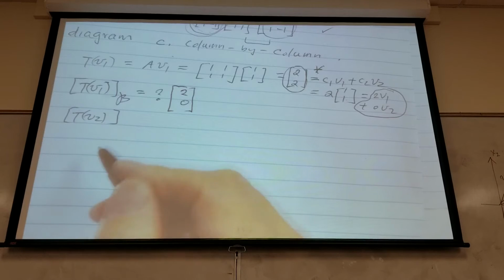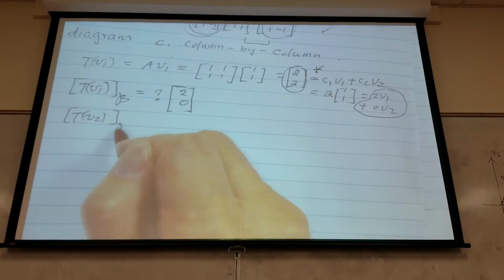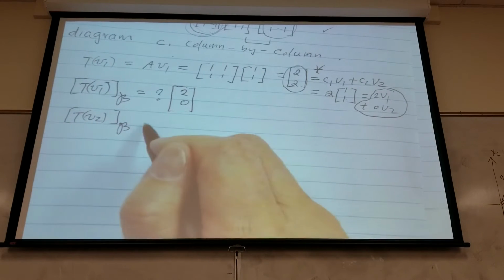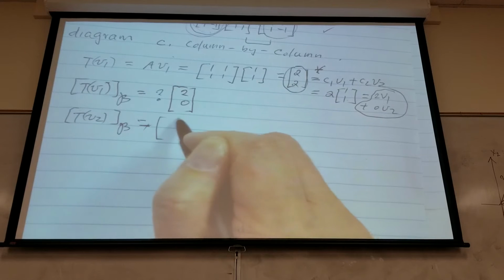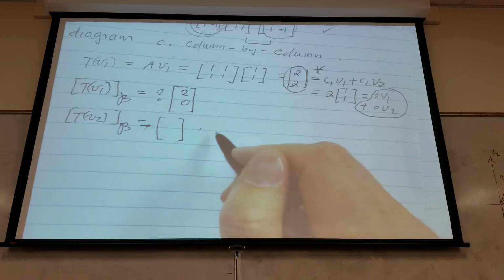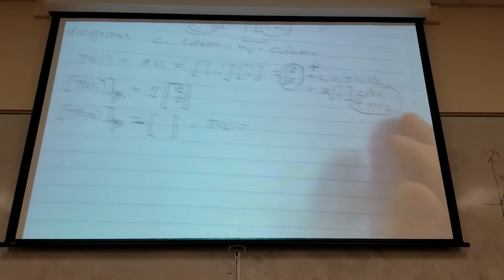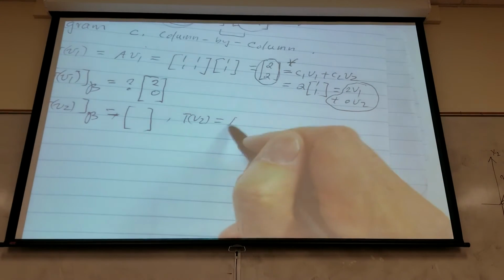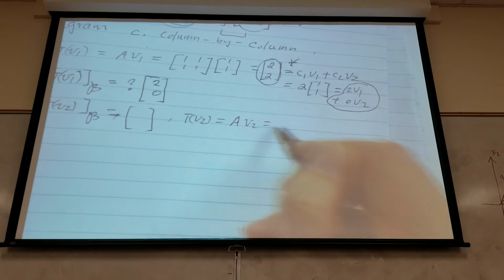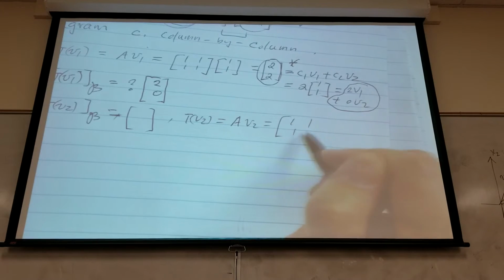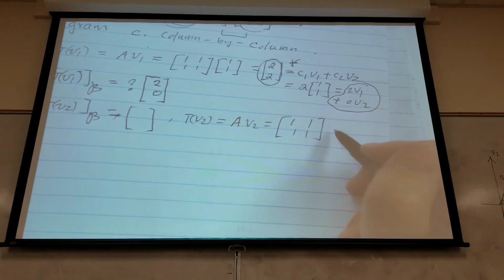Procedure-wise. So here, to find this, what do you do? TV2 is A times V2. A is that thing again, right? And V2, 1, minus 1, okay?